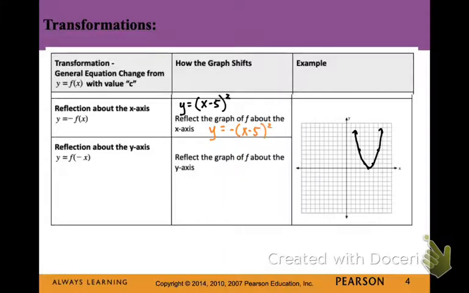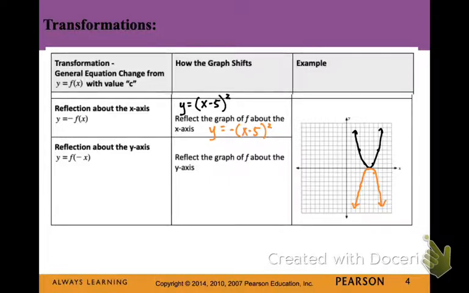What I would do through the equation is I would multiply the entire function by negative 1. So my negative will sit out front of my quantity x minus 5 squared. And now each of these points will be reflected. So that means each of the y values will become negative.